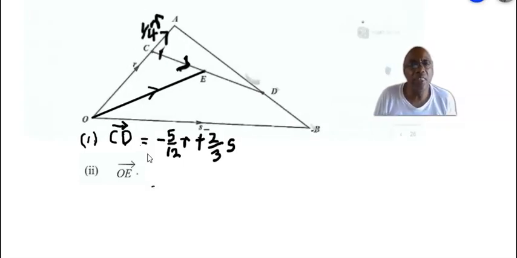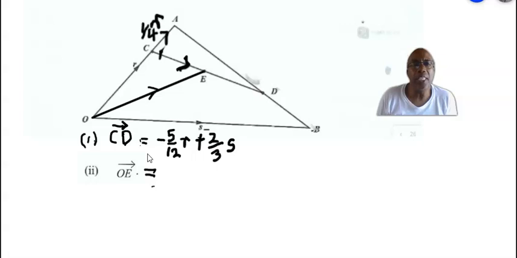So I have drawn the vector OE. My arrow is showing that the vector goes from O to E. So how do we find OE? As I said last time, we simply find the two vectors that will add up to get OE. So we have to start at O and end at E.